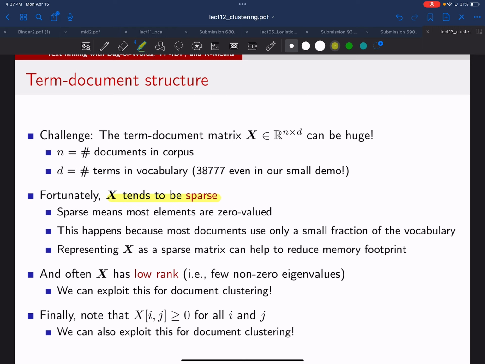When you have a really sparse matrix, this can save you tons of memory as well as computation. So that's how we would want to represent this, as a sparse matrix. There are other important properties. This matrix tends to be low rank, or nearly so. This can be exploited for document clustering. Also, the matrix is non-negative. All the terms are non-negative. So this can also be exploited, as we'll see.